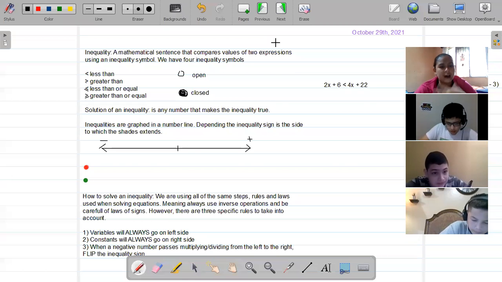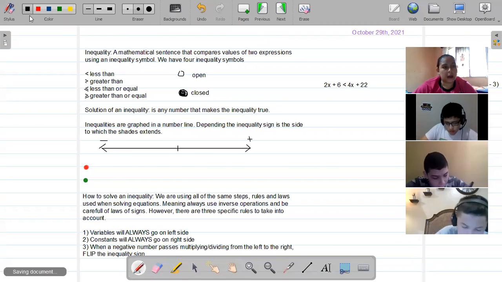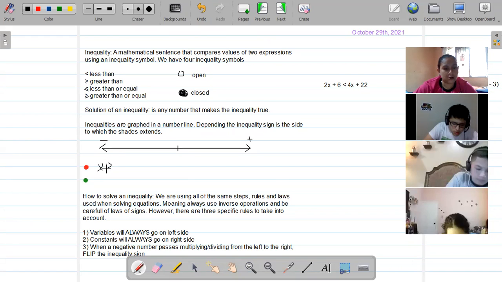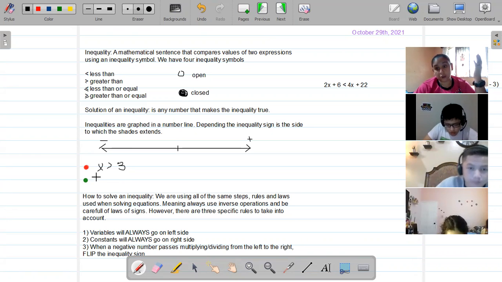Why do we have a shade? An example would be, let's say that we have x is greater than 3. What numbers are greater than 3? Well, there are a lot of numbers that are greater than 3. So the solution of the inequality will include all of those numbers.